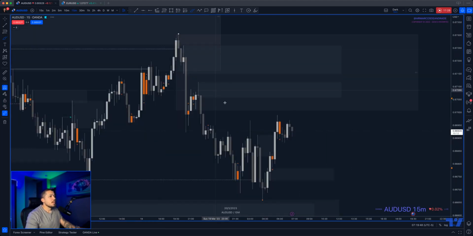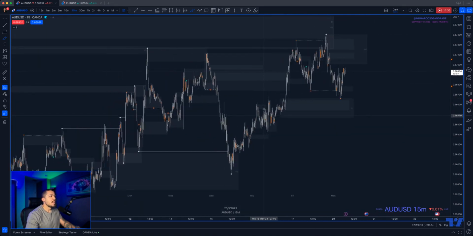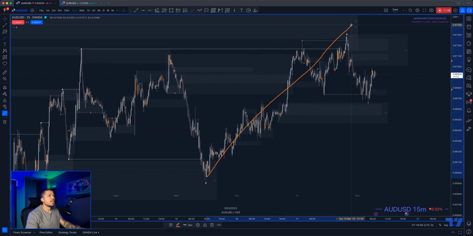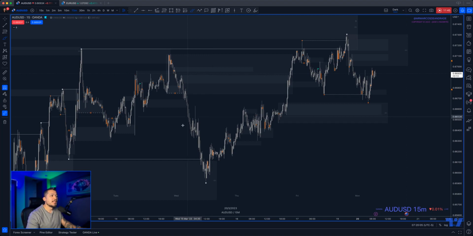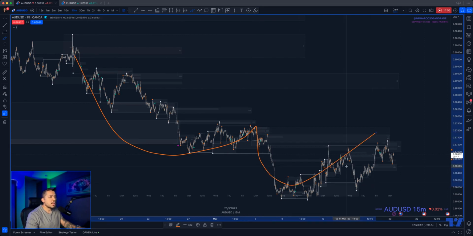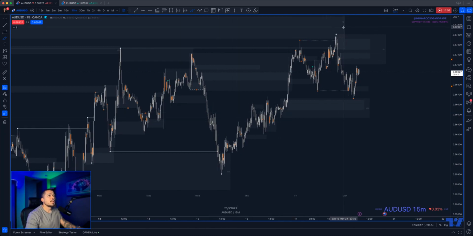The 15-minute, same thing, right? So the swing structure on the 15-minute turned bullish to come mitigate this 4 hour, right? But since we know multi-timeframe analysis, we know that price is still bearish on the higher time frame, and after we mitigated that 4 hour, the internal structure turned bearish, right?